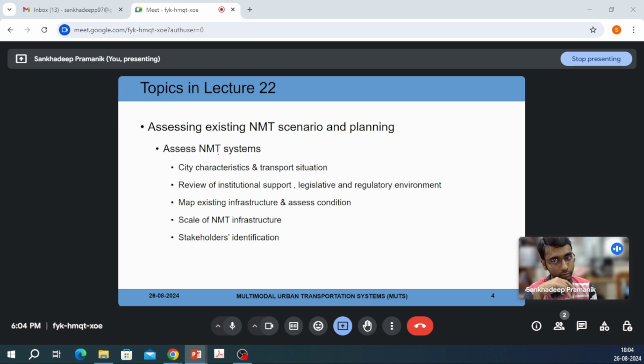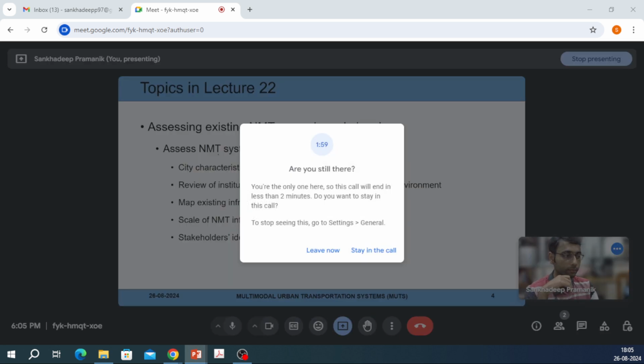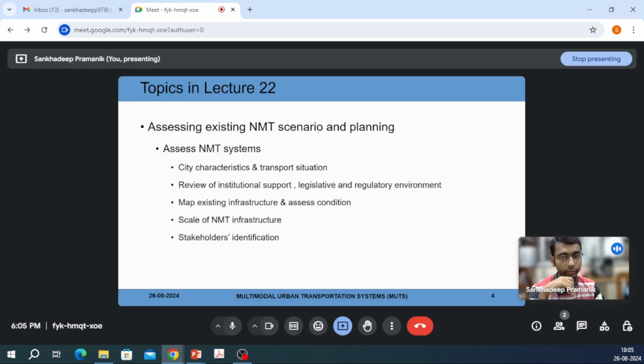We also discussed the objective of performing this assessment, and how, in the assessment step, different data are collected from different sources, and what should be the scale of the NMT infrastructure, like how much area it should cover.